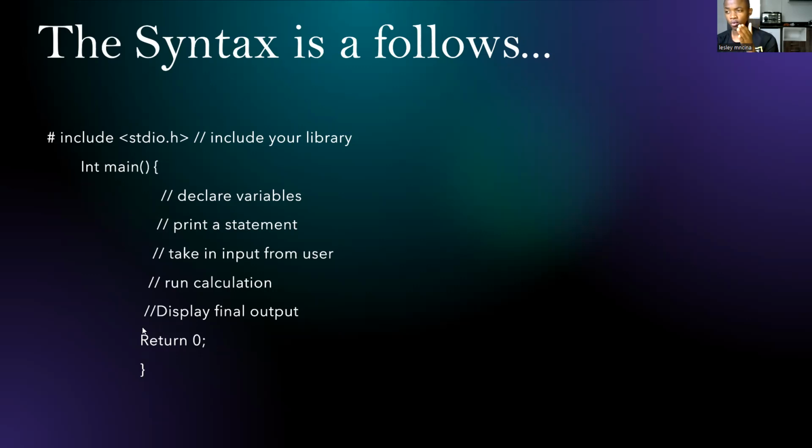Okay. Why return 0? Remember, I said in the previous video that in programming, most programming languages are asynchronous, meaning they start executing from the top all the way down to the bottom. Okay.